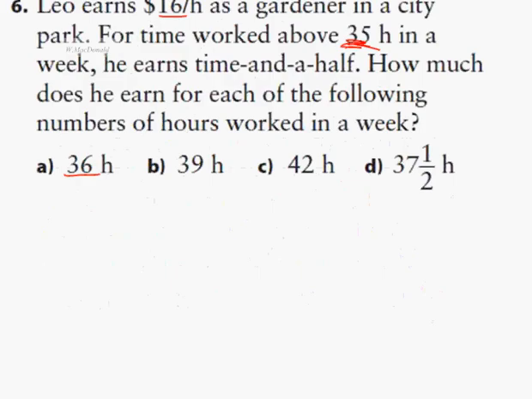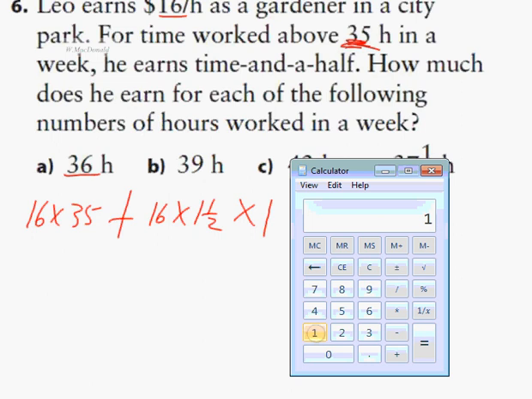So let's do that again. So it's $16 an hour times the first 35 hours, plus he gets $16 times 1.5 times his regular hours, multiplied by 1, which is how many overtime hours he worked. So 16 times 35. He makes $560 in regular wages, plus, here I got to use my fraction sense of 16 over 1 times 3 over 2, cross reduce, 8 over 1.